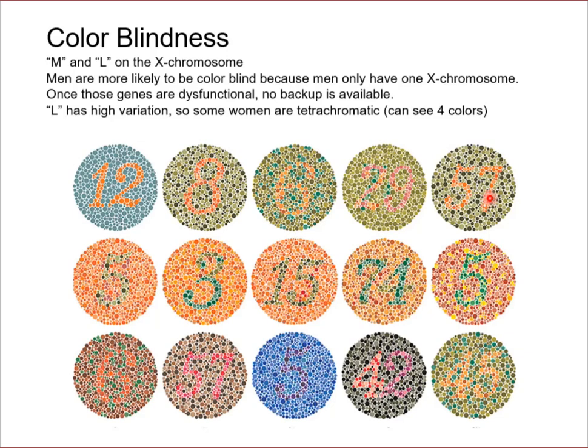For those circles, there is a number in the circle. If you can see all of those numbers, all three types of your cone cells work. But if you find there is no number in a certain circle, then your cone cells may have a problem and some colors may not work.